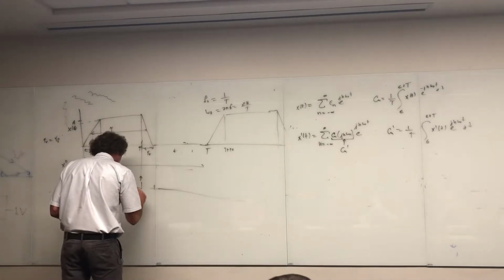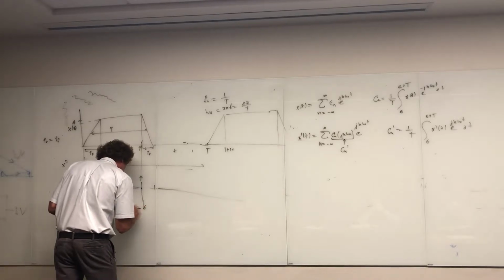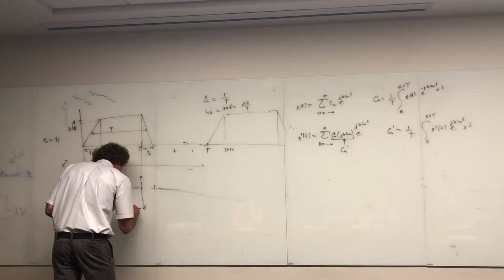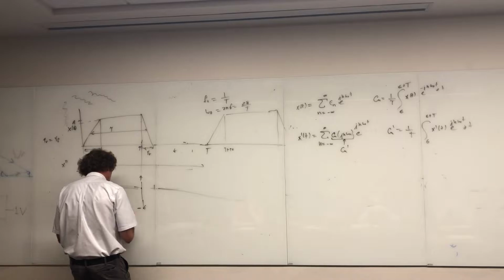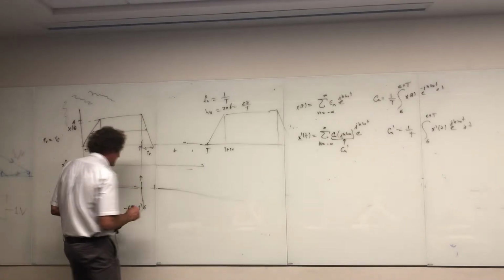So this is going to have another negative value right here, minus A over tau rise, times a delta. If I want to put a delta function there, I can put delta of t minus tau, right?